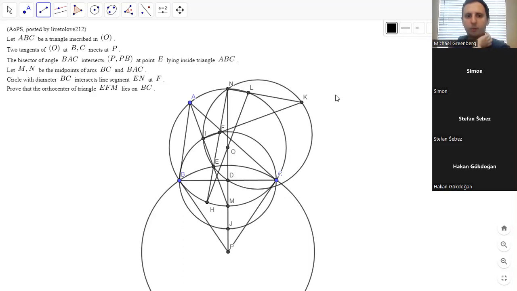And then we have another point K that lies on it. How do we define it?